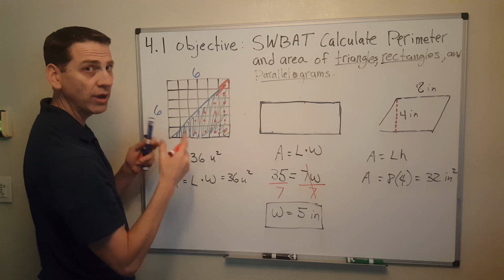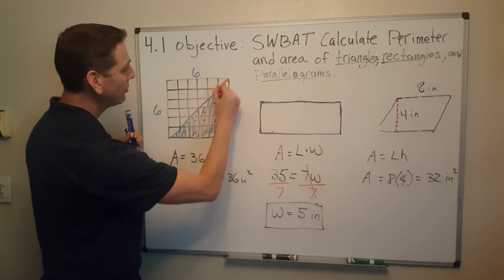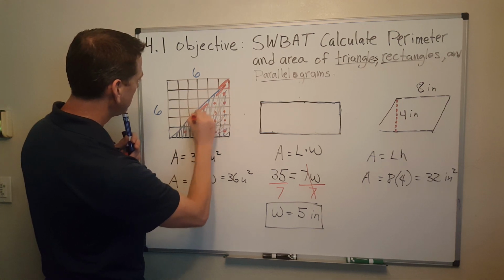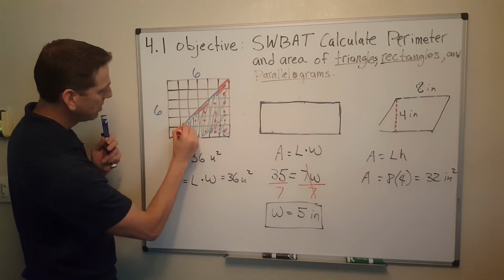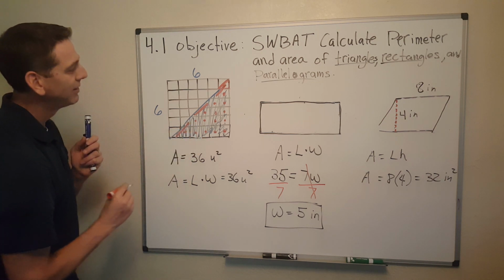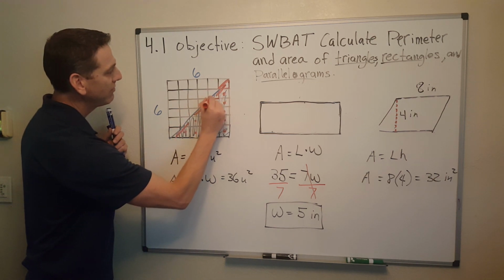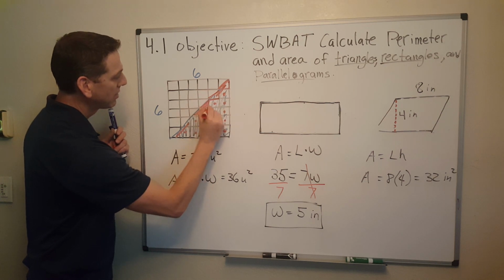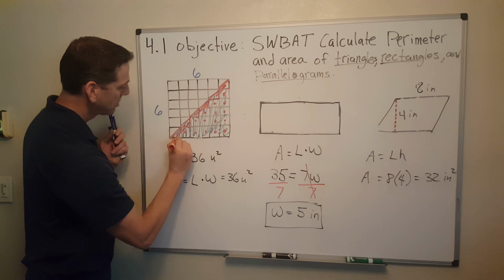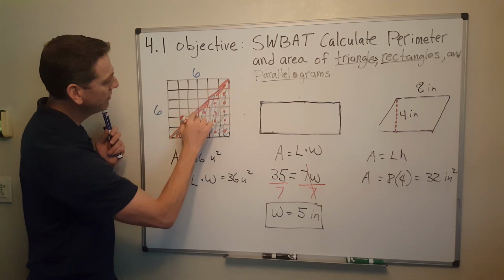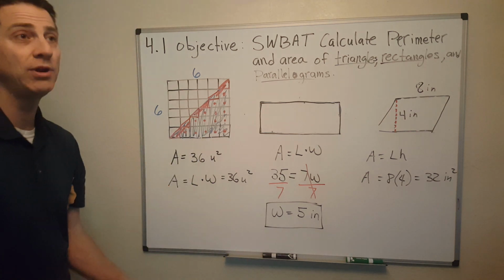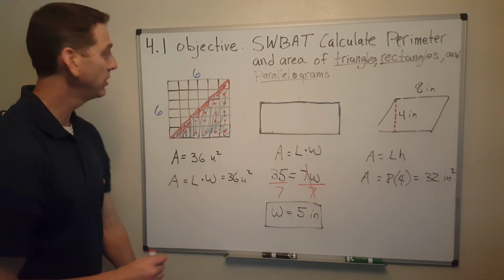Two triangles make 1 rectangle. So there's 1, 2, and there's 3. How many triangles here? I have 1, 2, 3, 4, 5, 6. And 6 divided by 2 is 3. So I have 3 rectangles, really.